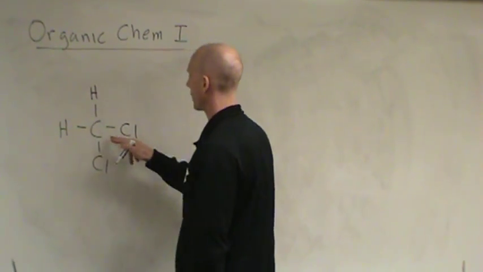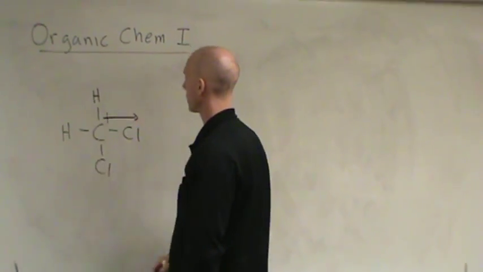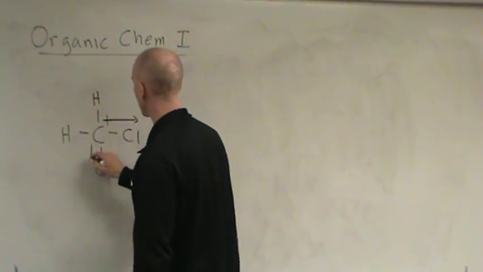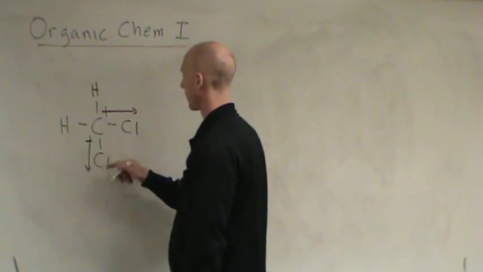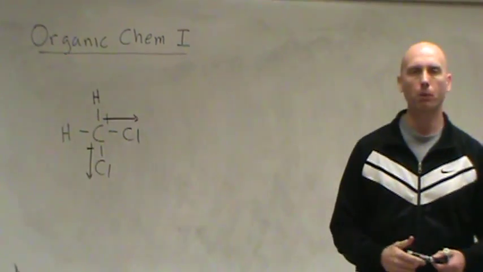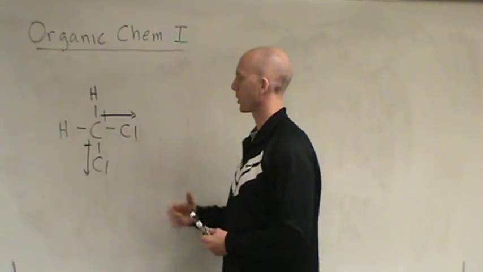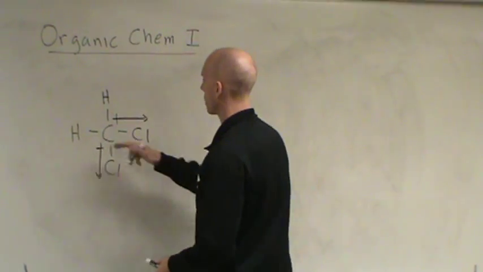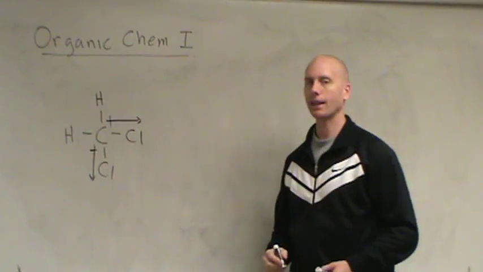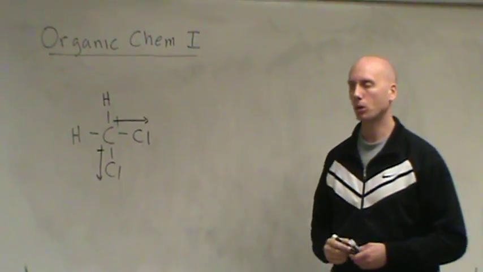Here, chlorine is more electronegative than carbon. So we have a dipole moment there, and we have a dipole moment there. So we would have two dipole moments. One of the reasons I drew this molecule is to show that there's never a dipole between carbon and hydrogen. That ends up being another nonpolar bond.